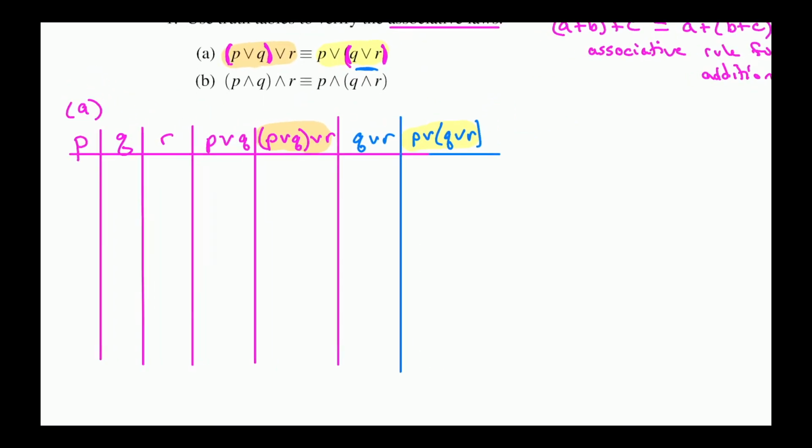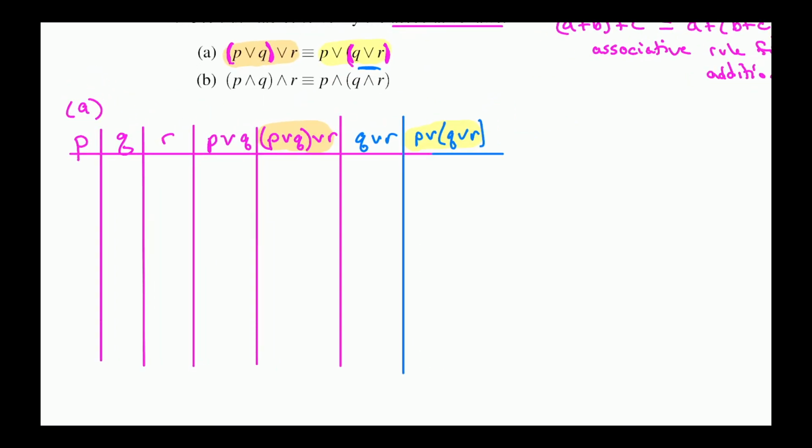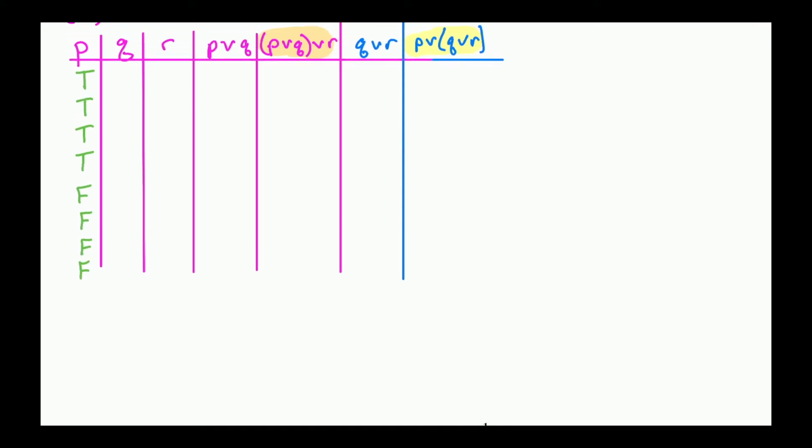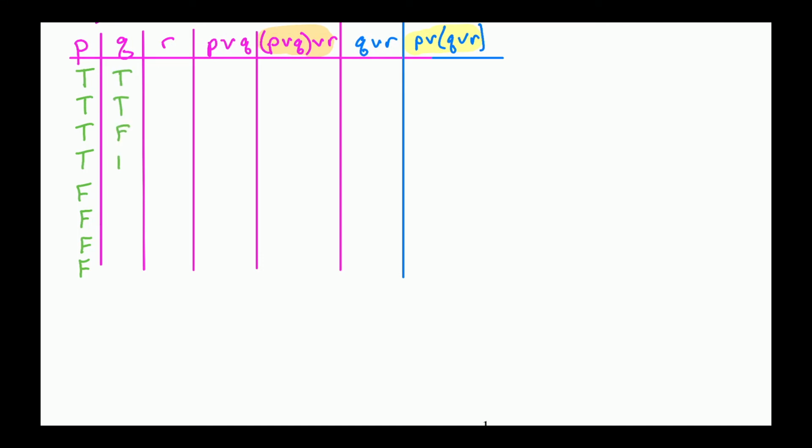So let's try it. What do we got to do? Well, we've got P, Q, R, so we're going to need 8 different rows. The way you start, if you have 8 rows, is 4 trues, 4 falses. After that, you go 2 trues, 2 falses, 2 trues, 2 falses.